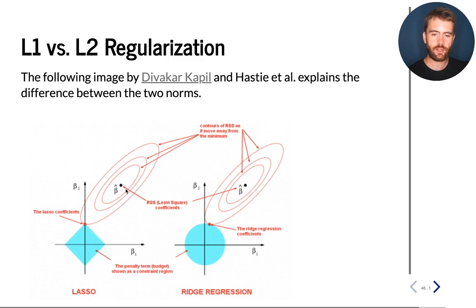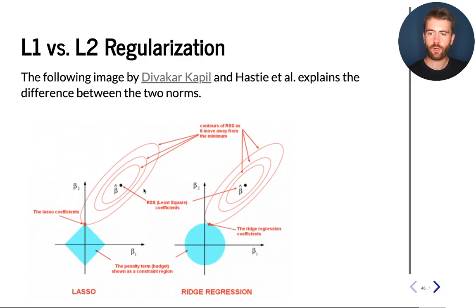So here, what you see are several functions. These ellipses are the level curves of the mean squared error.